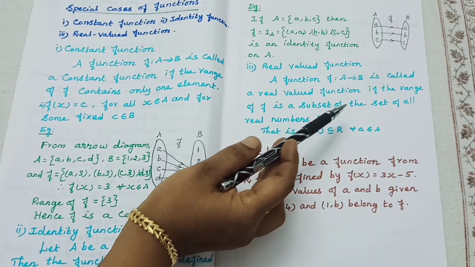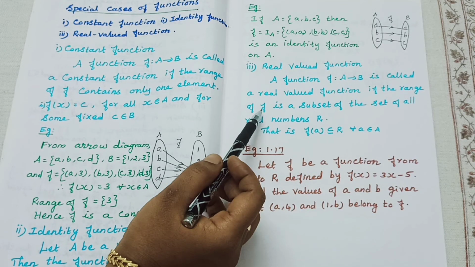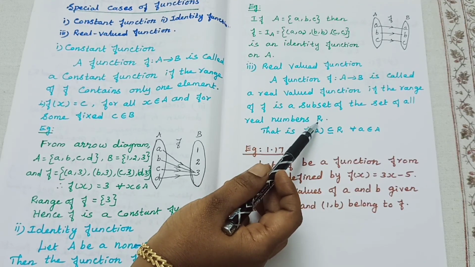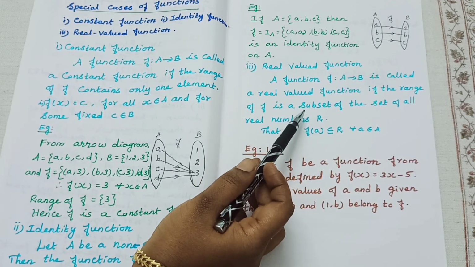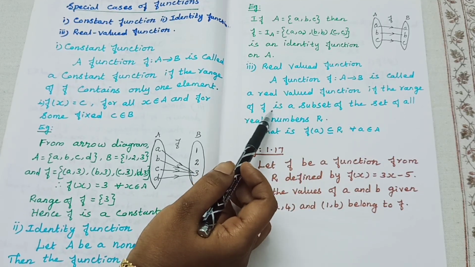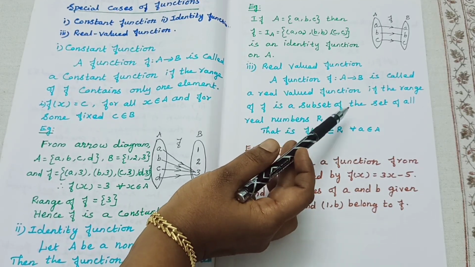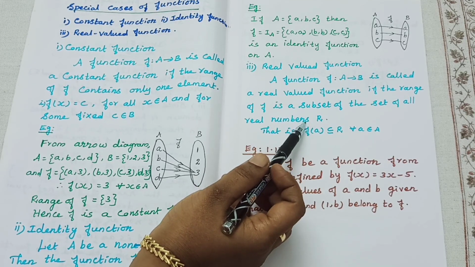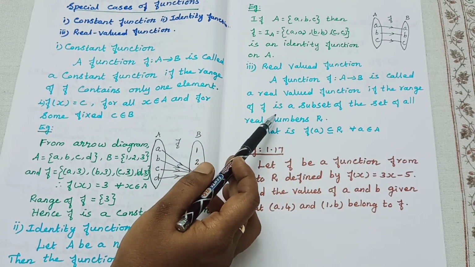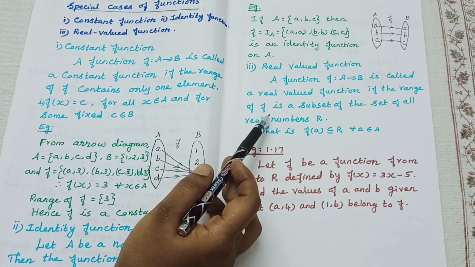Okay, that is called a real valued function. Suppose here the set of all real numbers is given, and the range is a subset of this set, then we can write that it is a real valued function.